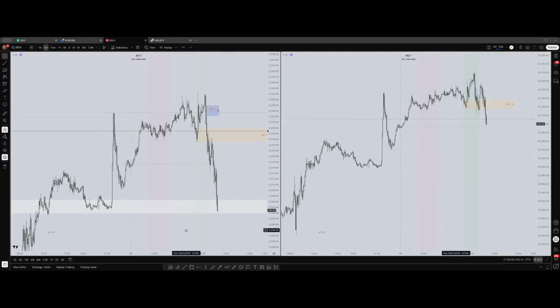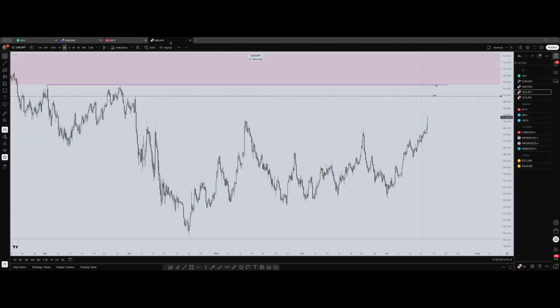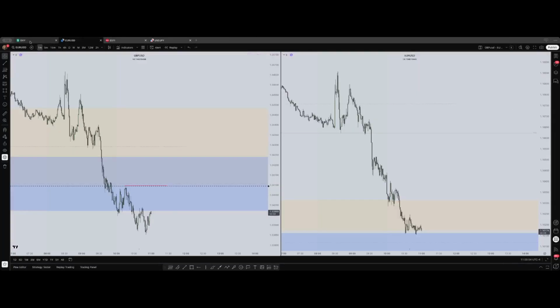So far we have that. Yeah. Let's see here. Euro, how it's performing. Euro USD, and Nasdaq. Interesting. Let's see here.